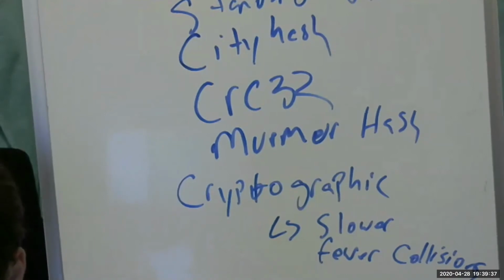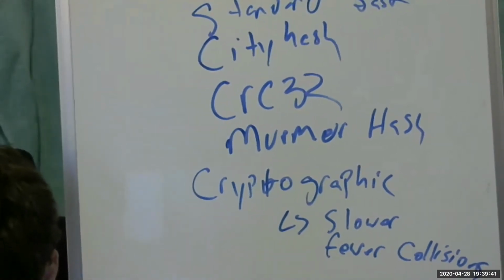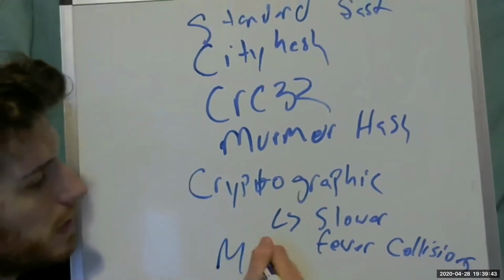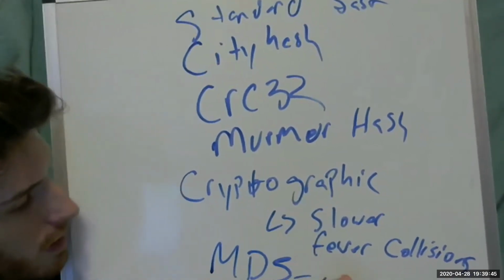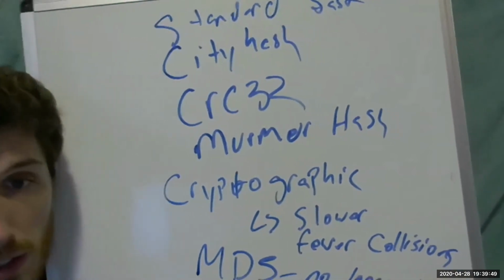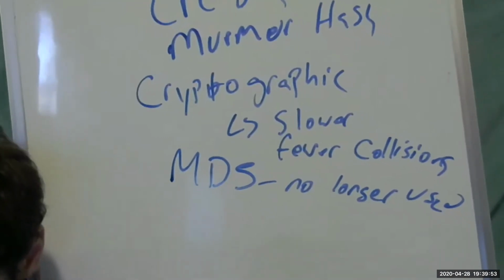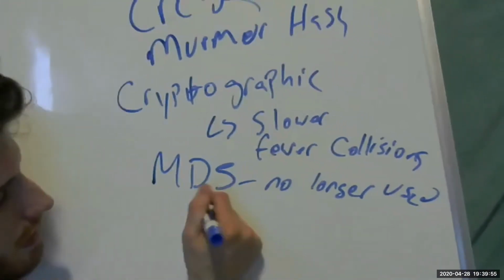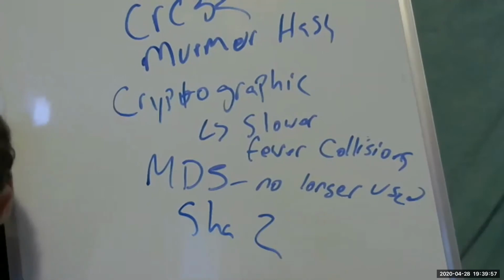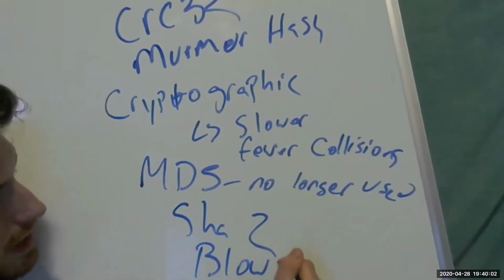And what else is important to know? Examples of some of these: there used to be one called MD5. That's no longer used. Other examples are SHA-2, I think it's called, and Blowfish was one at a time.